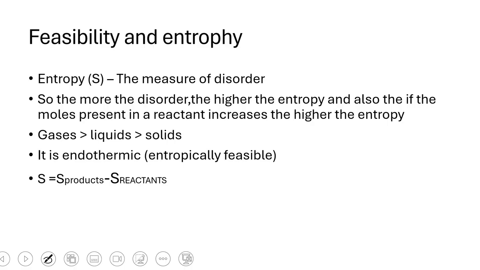And also we will go through the feasibility and the entropy. So entropy is the measure of disorder. The more disordered a certain system is, the higher the entropy.